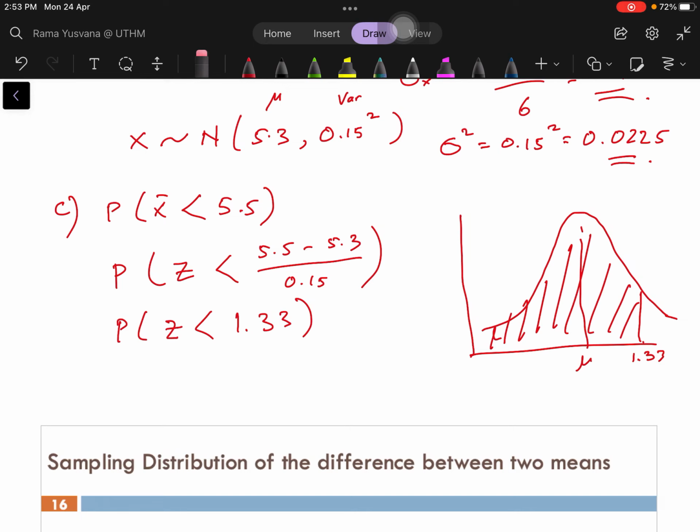To get the area of the shaded region, we can use 1 minus the probability of z greater than 1.33.